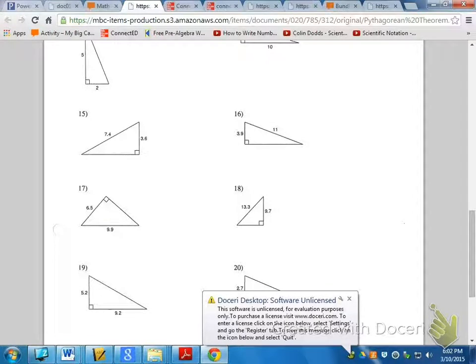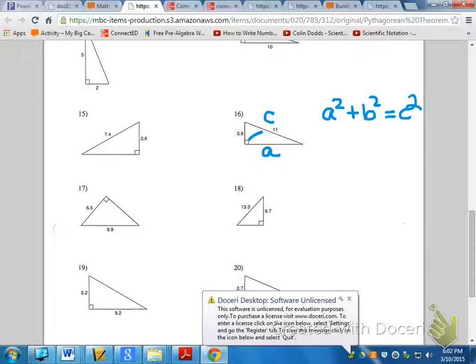And it looks like for number 16, opposite the right angle, the 11 is C. That's my hypotenuse. So I'm going to let this side that's missing be A and 3.9 be B. So I've got A squared plus B squared equals C squared.